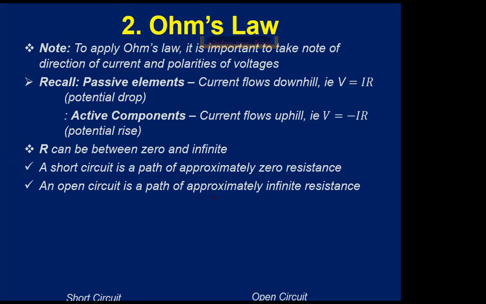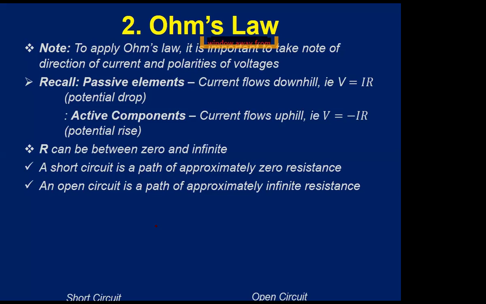So to apply Ohm's law, it is important to take note of the direction of the current and the polarities of the voltages. Remember we said for passive elements, current will flow from a higher potential to a lower potential. And for active components, current will flow from a lower potential to a higher potential, and hence given a negative value.